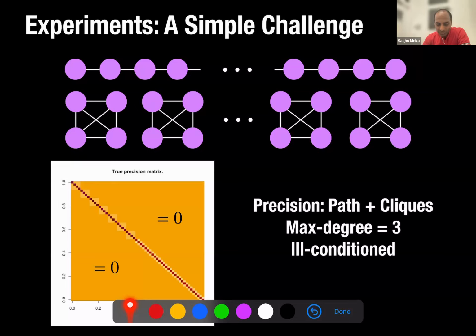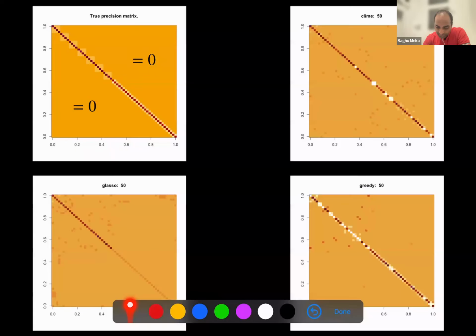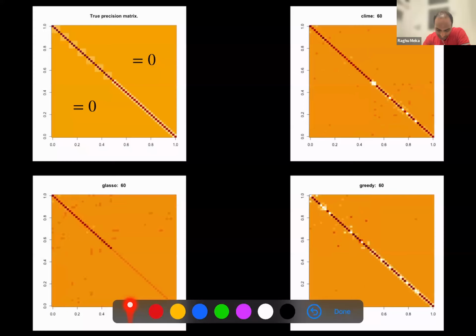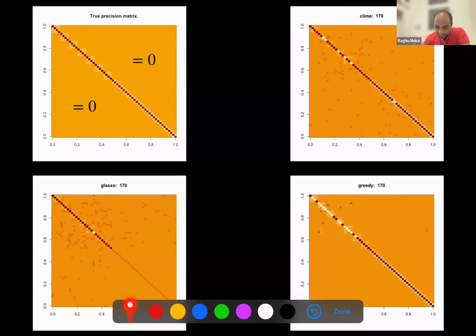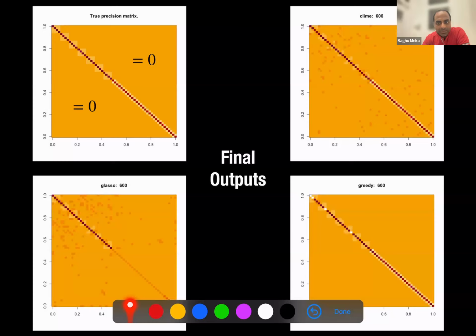What happens if I do it? Okay. And this is what happens. Okay. So you run the other algorithms and the greedy algorithm, and you can see the greedy algorithm is remarkably accurate.